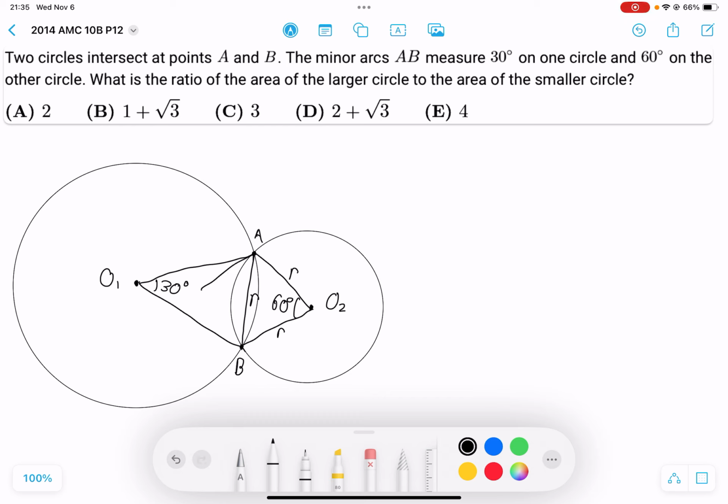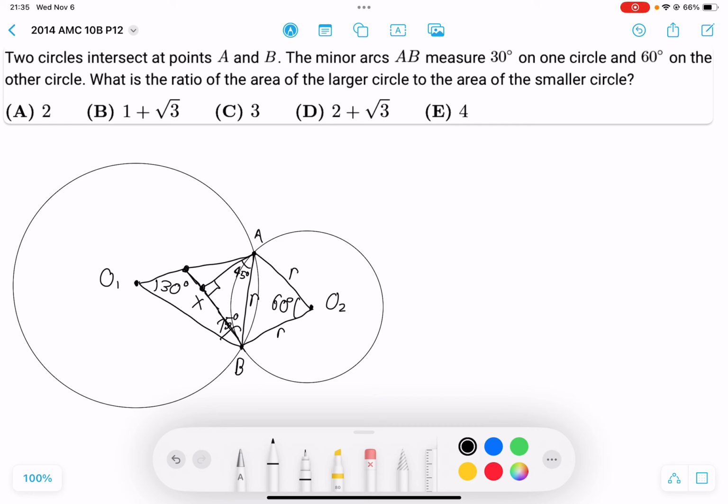So let's just create a 45, 45, 90 triangle, and we let this point be X. Right, so this is a 90, 45, 45 triangle, and since this is 30 and this is an isosceles triangle, we know that this is 75, this is 75.